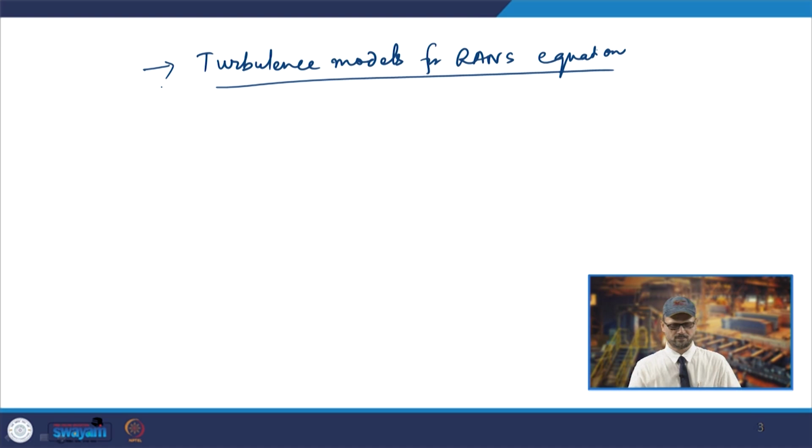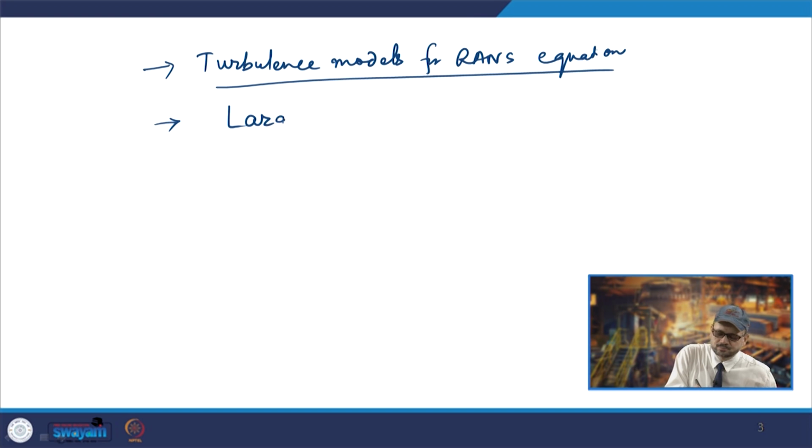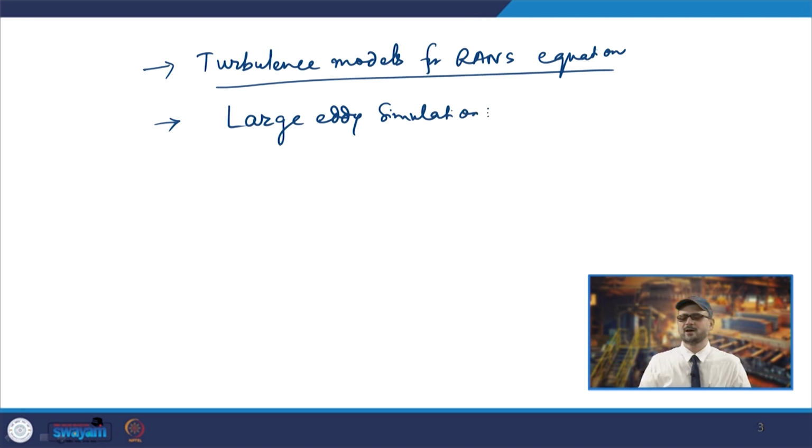Next, the second approach is the large eddy simulation. It is the intermediate form of turbulence calculation. Here the calculation will be tracking the behavior of the larger eddies.